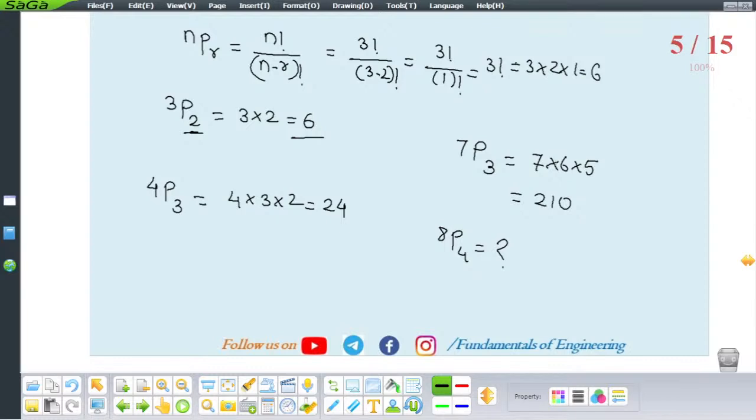You can comment in the chat box. Simply you have to reverse 8 with minus 1 in 4 ways.